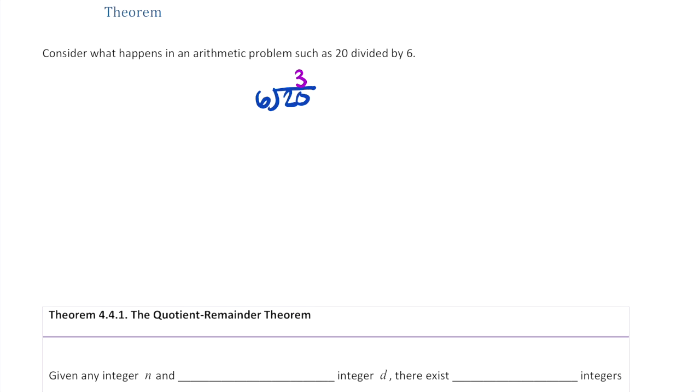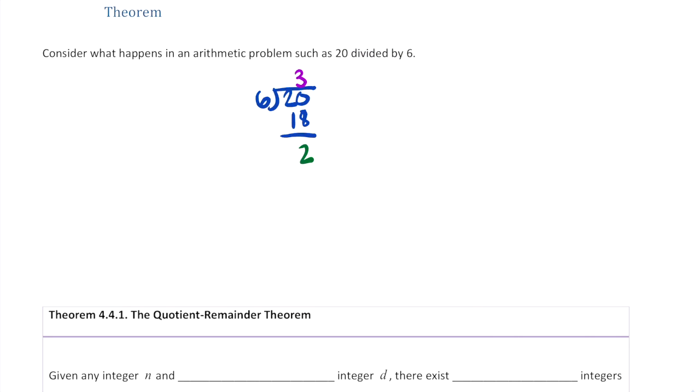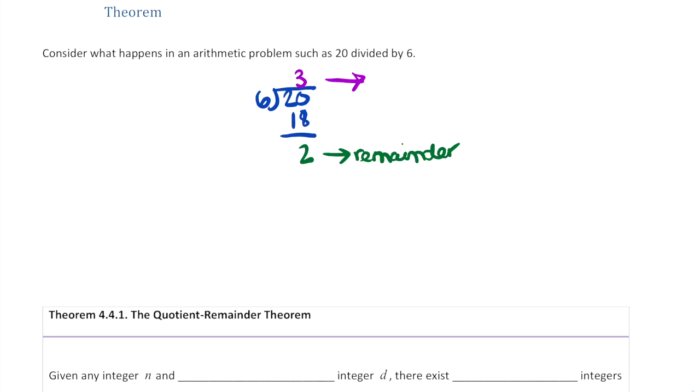Multiplying that, you get 18. When you subtract, you get a remainder of 2. So the 2 is our remainder, and the 3 here is our quotient.